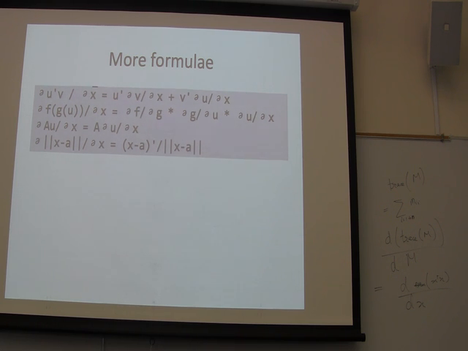Let's first see that it breaks down into the known cases that we already know about. Let's say v is some constant function, the identity matrix, and u transpose is Ax. Or let's say u transpose is the identity matrix and v is the Ax thing.